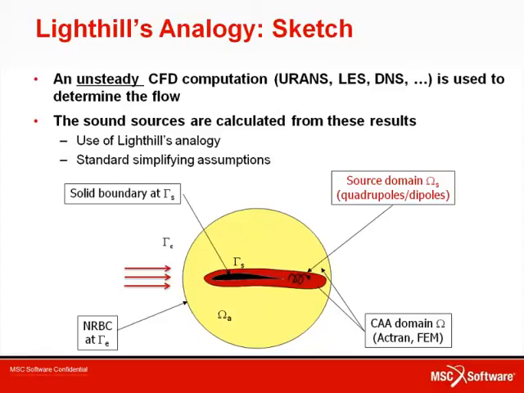And so the source term will only be computed in the overlapping domain between the CFD and the acoustic meshes, that is the red region. And so the Lighthill analogy will be used to compute this source term. If you need more information about finite and infinite elements implemented in Actran, I advise you to look at the recording of the webinar about acoustic radiation on the MSC website.